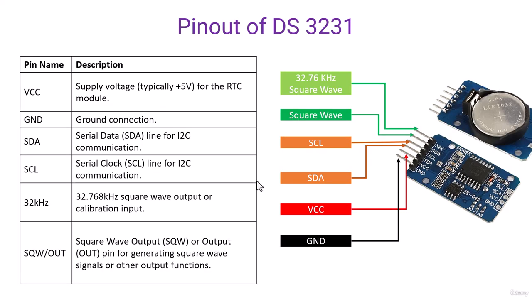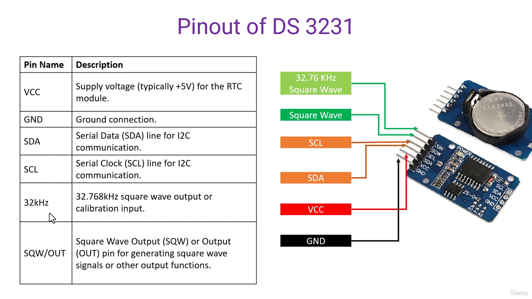Let's find out the pinout for these two modules. The first one we have taken here is the DS3231 model. Here we can see it has 6 pins. There are 2 pins related to VCC and ground. As VCC power, it takes 5 volts, and ground is connected to the Arduino. It provides serial communication, which is why it uses the SDA and SCL pins: data SDA and serial clock SCL.